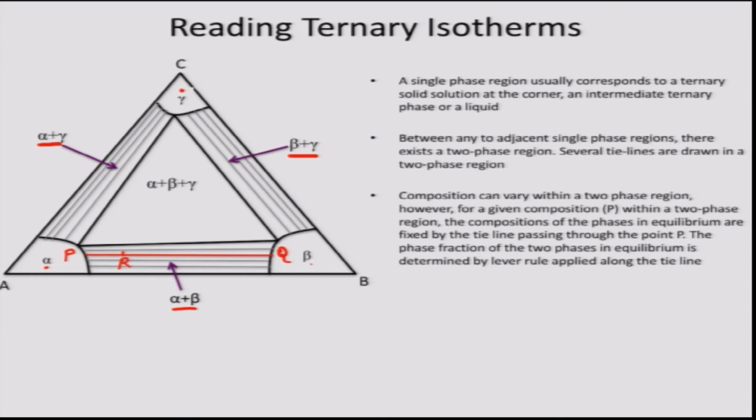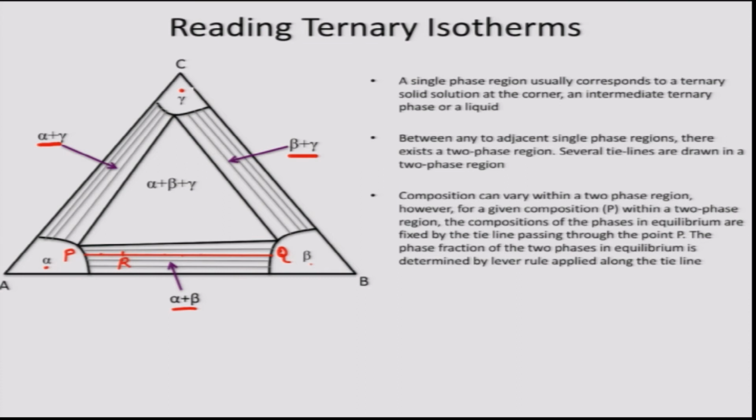Alloy R exists as a two phase mixture, one phase alpha with composition P and the other phase beta with composition Q. If I change the alloy composition anywhere along this tie line, the phase compositions remain the same.